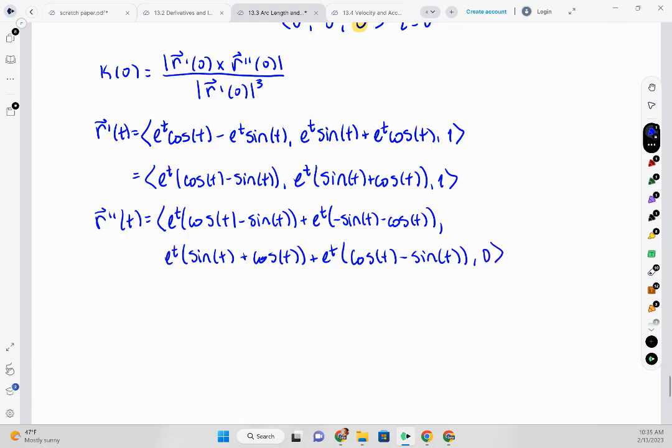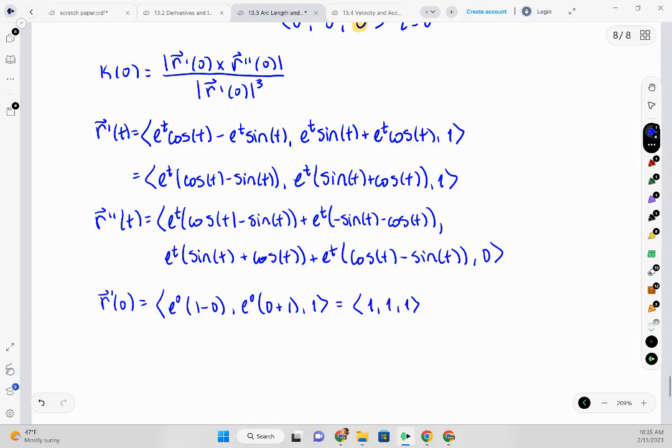Before I go any further, I'm evaluating both of these at 0 because this is a mess. You definitely don't want to try to find magnitudes or cross products with these. So r prime of 0 is equal to e to the 0 times 1 minus 0, e to the 0 times 0 plus 1, and 1, which simplifies to just be 1, 1, 1.